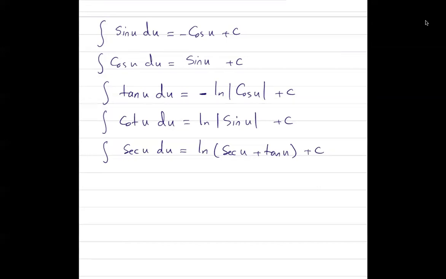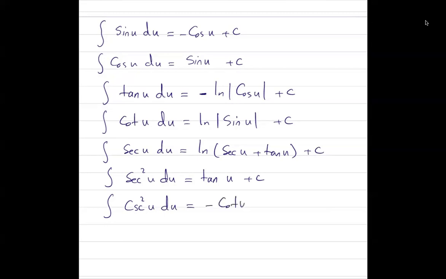And when it comes to the integral of secant squared of u du, it is equal to tangent of u. We're using everything in terms of u. Tangent of u plus c, and the integral of cosecant squared of u du is nothing but negative cotangent of u plus c.